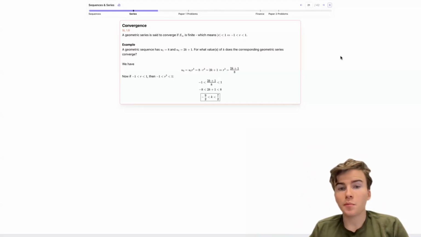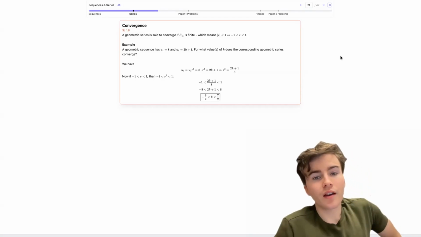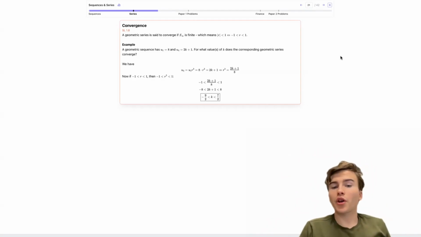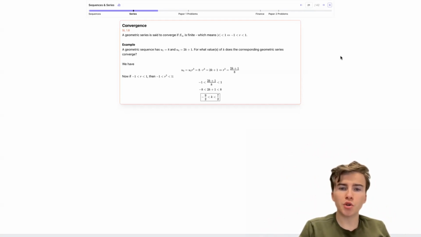It's somewhat tricky to apply it in problems, right? If you're told that the infinite series has a finite value that you can actually add up, then it imposes a certain condition on what you might be given in a problem that can sometimes be difficult to solve for. So let's look at an example. If I have a first term of 8 and a fourth term of 2k plus 1, and I'm asked for what values of k the series converges.